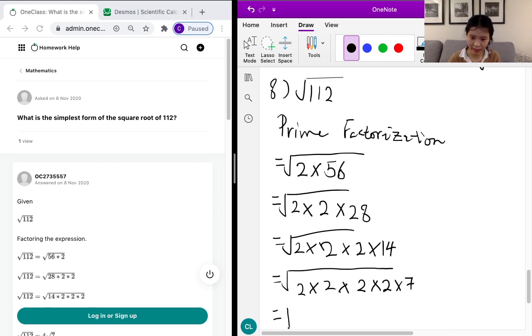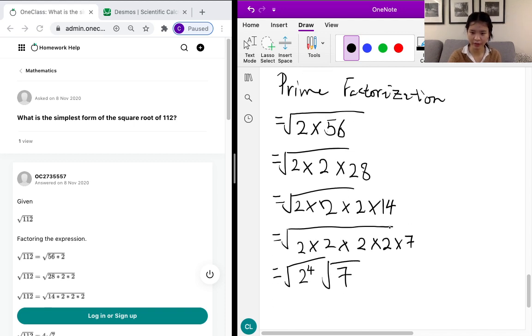Right now, we can collect like terms, so we can collect all the 2's together. There are four 2's, so it's 2 to the power of 4, and we also have the square root of 7, because the square root sign follows them. We also know the square root is actually to the power of 1/2.